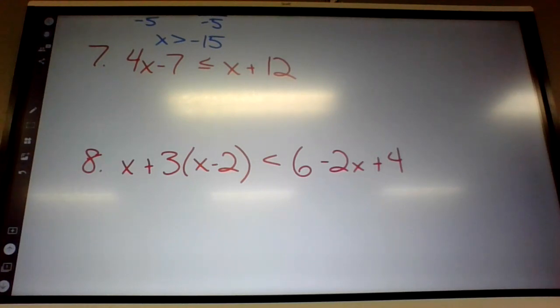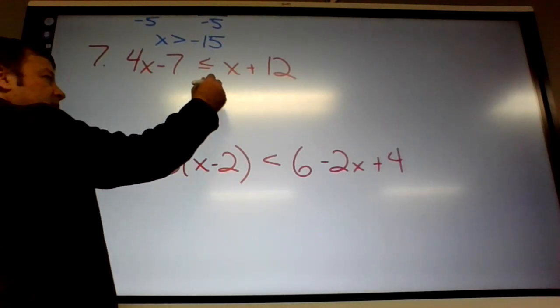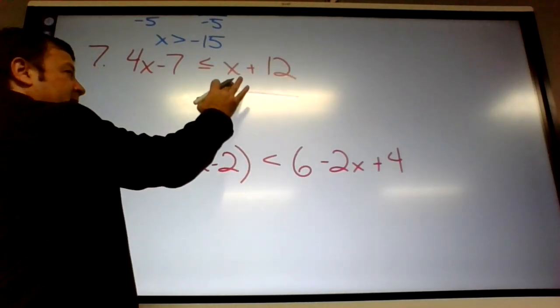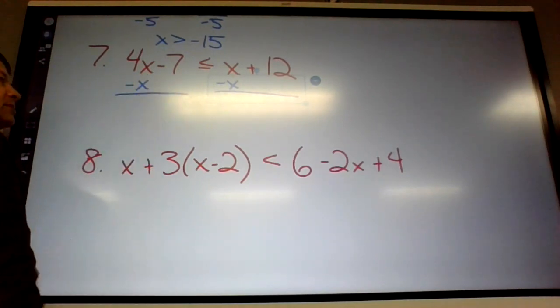Okay, Jesse, what should we do first on 7? You're gonna add 7 to 12 and subtract x from 4x. Yeah, I would do the x's first just to make sure you're getting everything away from the x's. So if you got x's on both sides, you want to get rid of them. Since x is added, to get rid of an added x value, you would subtract x.